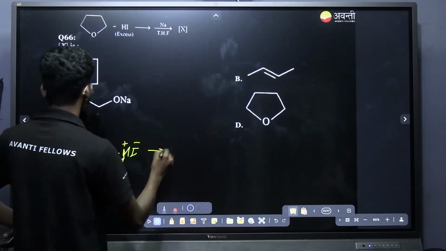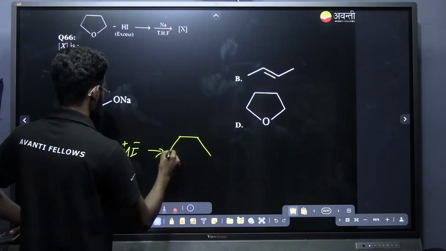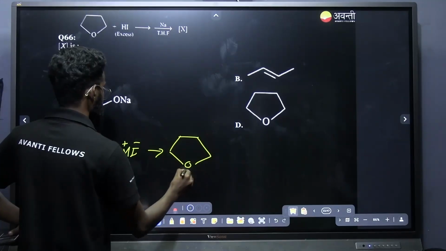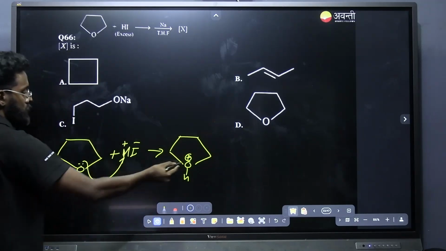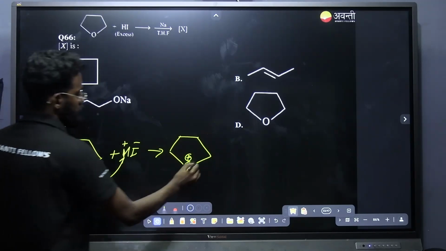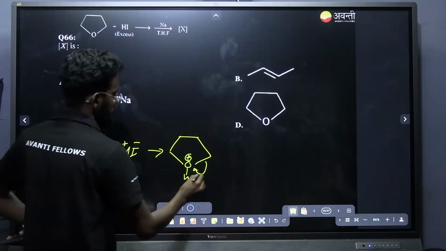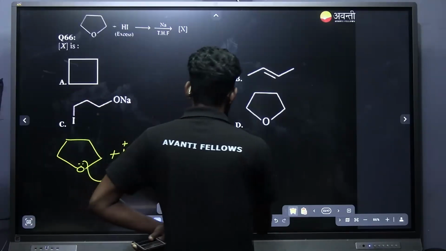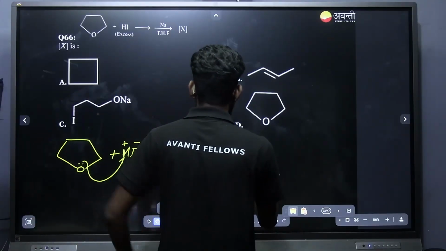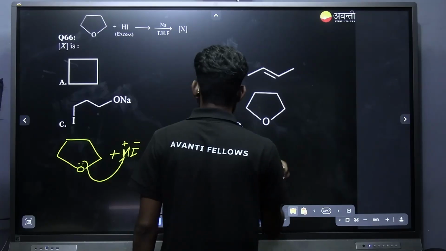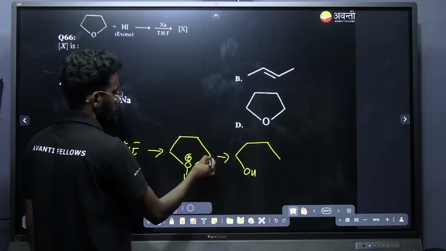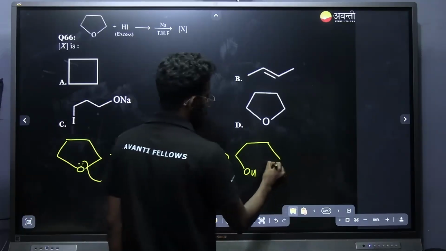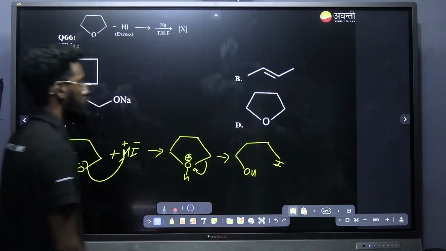What is the product we will be getting first? Yeah, we will be getting OH plus. Now we all know that positive charge on oxygen is not stable, so there will be a shifting of bond towards oxygen, which results in the formation of an OH here. Then negative charge will be coming on this carbon, and that negative charge will be held by iodine.